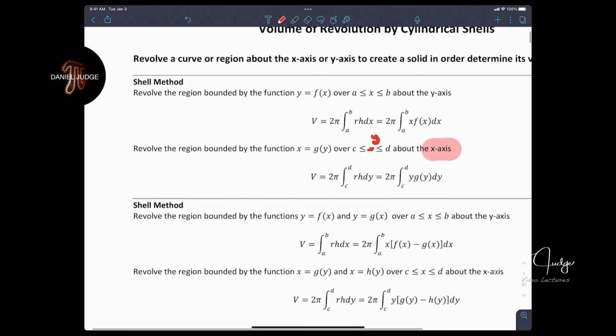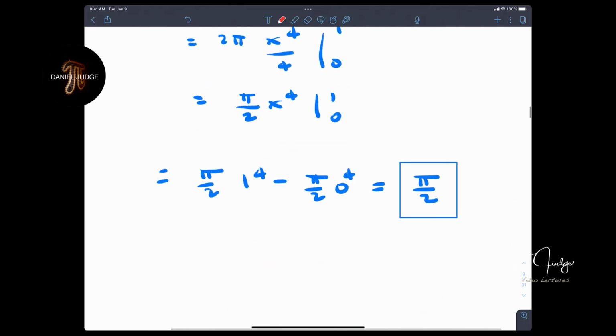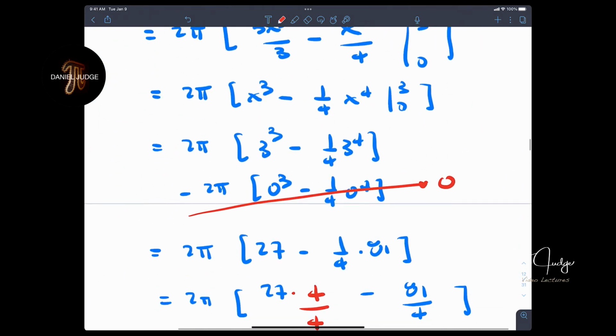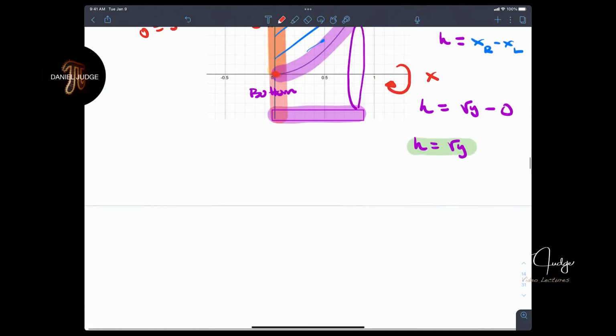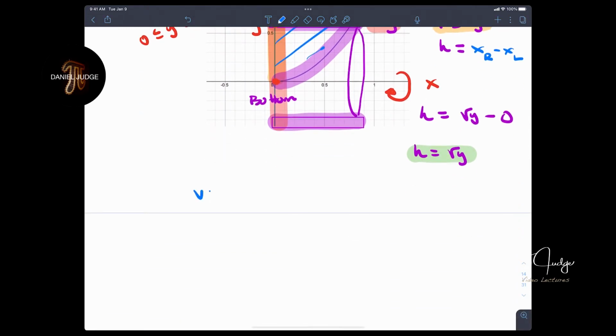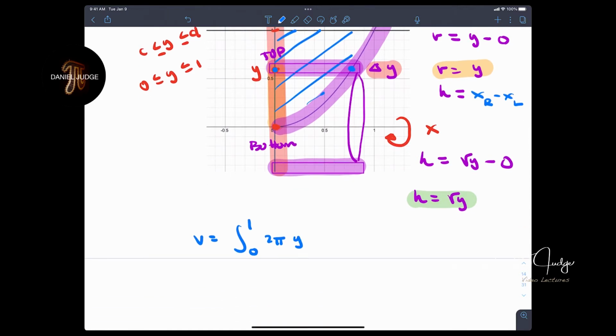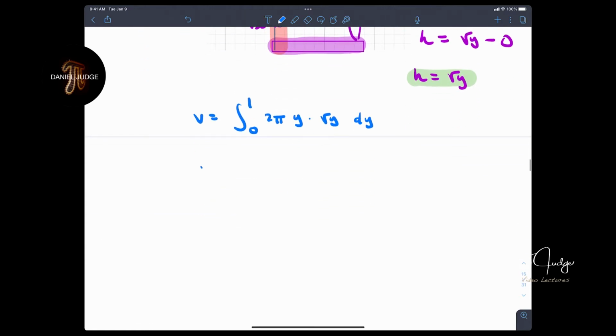So again, this is what we're doing. Volume, 0 to 1, 2 pi, radius is y, and this is times square root of y, dy. Y to the 3/2 dy.